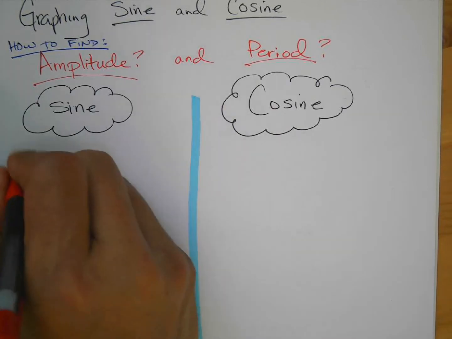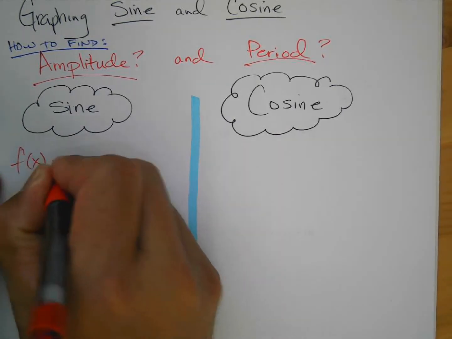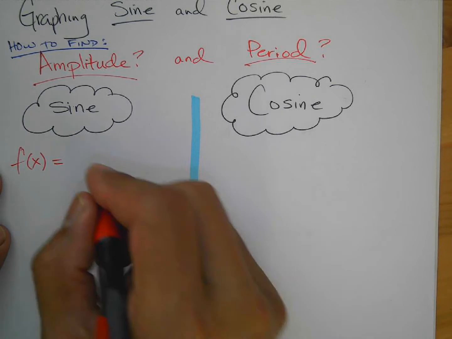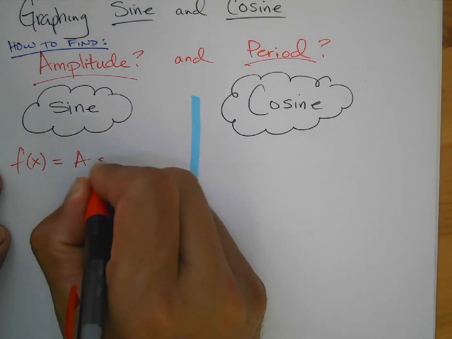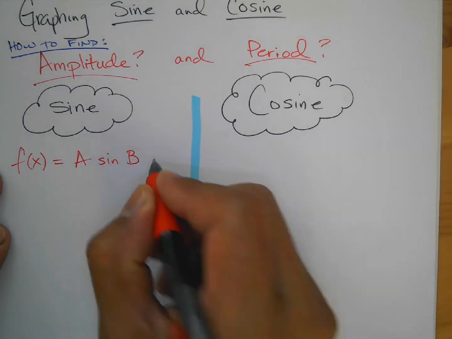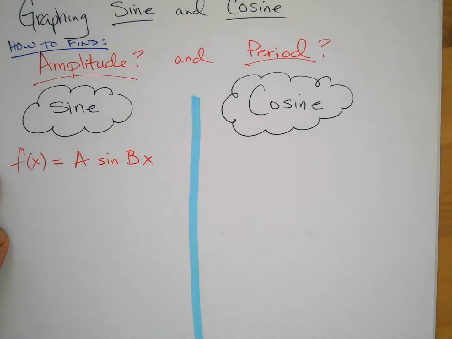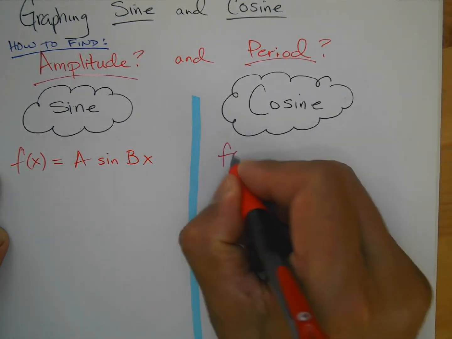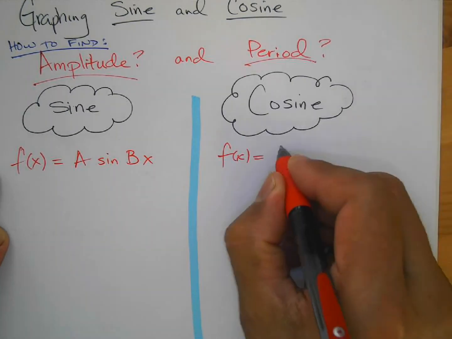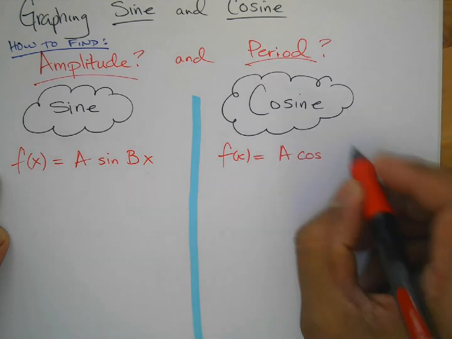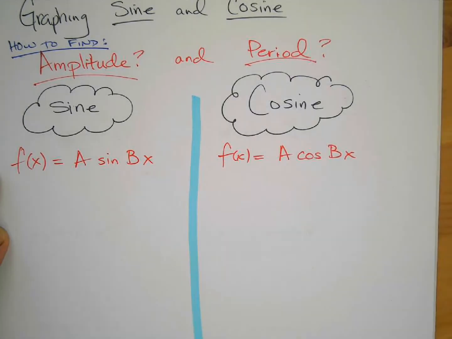For sine, f of x is equal to a sine bx. And for cosine, you're going to see f of x is equal to a cosine bx.